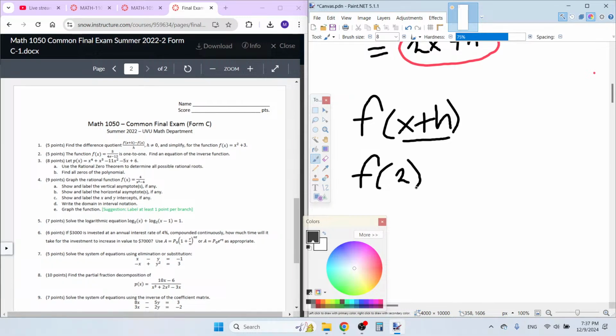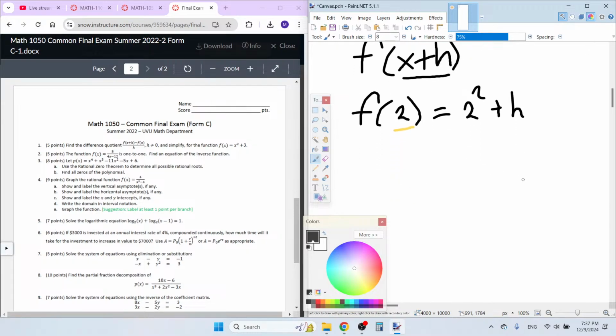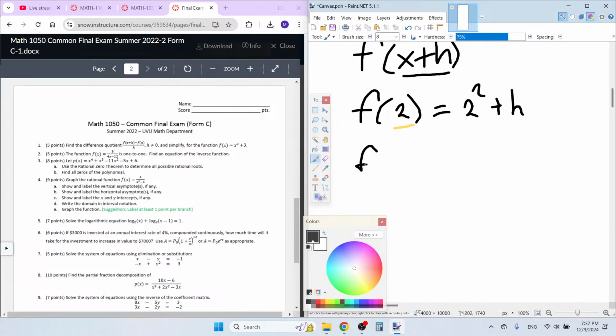Then everywhere that I see an x in the original expression, I'm going to replace it with a 2. So that would be, this equals 2 squared plus 3. If I have f of x plus 2, that becomes x plus 2 squared plus 3.